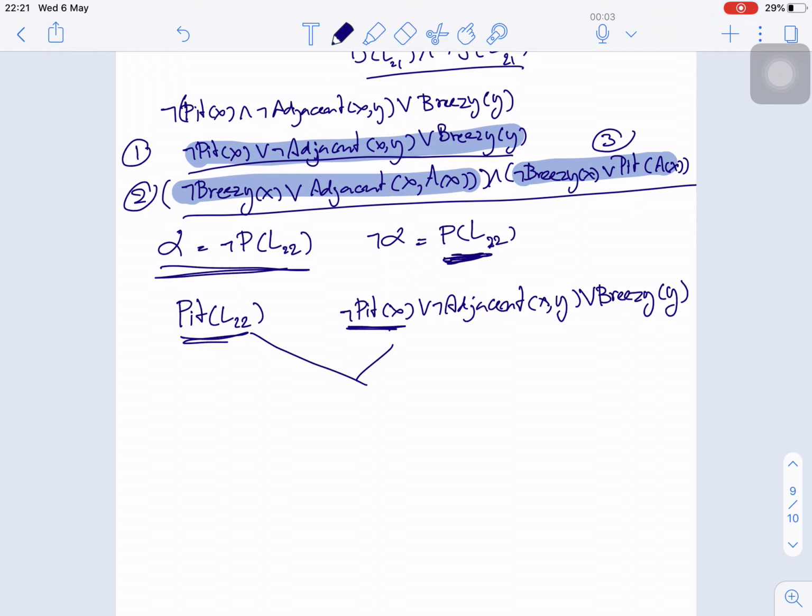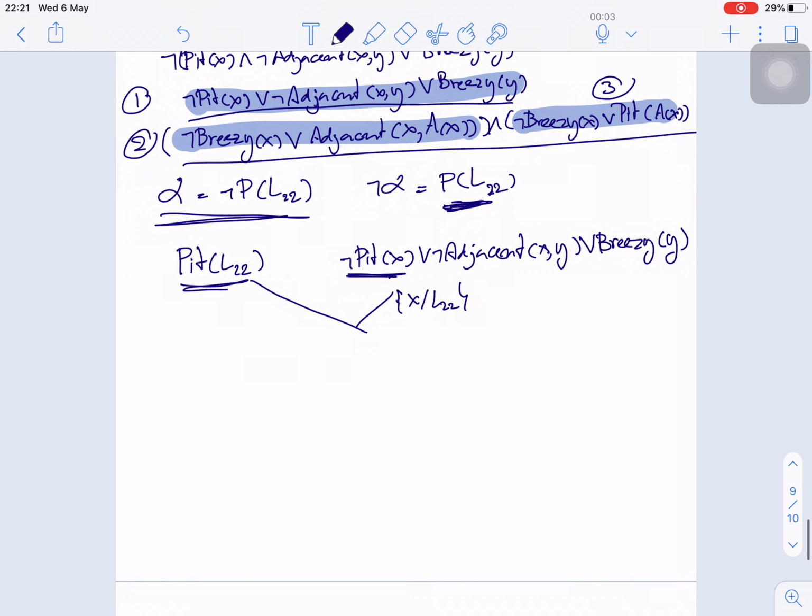So you have to unify x to be the same as L22. So you substitute x by L22, and keep y like this.